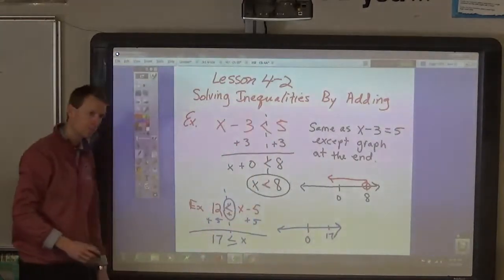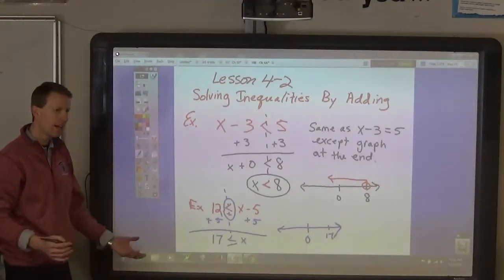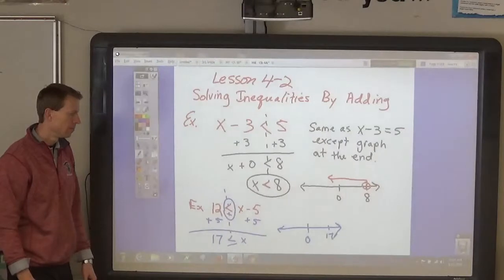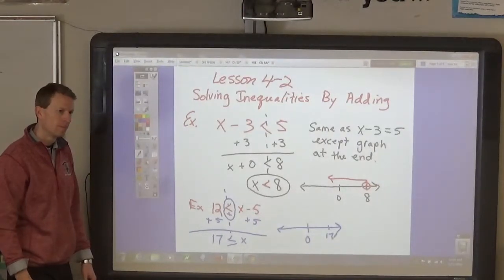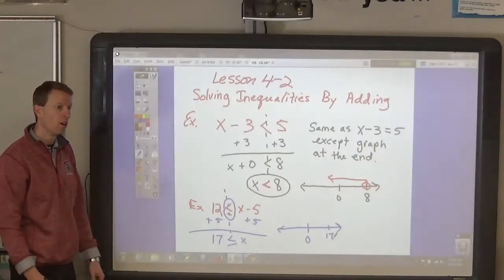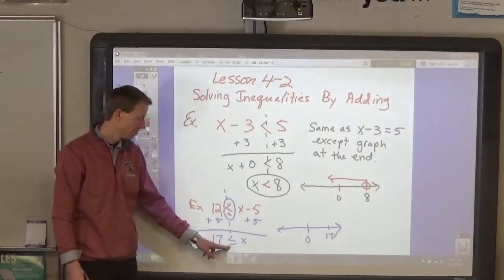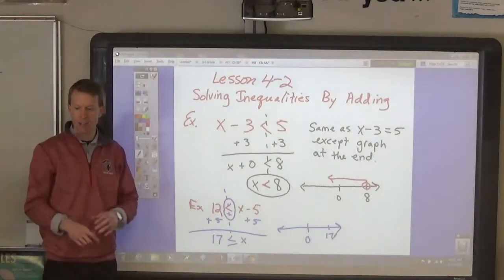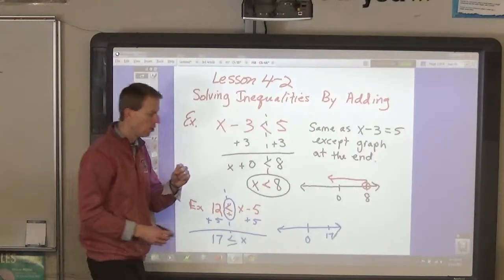Isaac? Can you answer that? What is x then? Well, it's pretty much x is greater than 17. Or, 17 is less than, no, or equal to. So what kind of dot should we use? Closed dot.